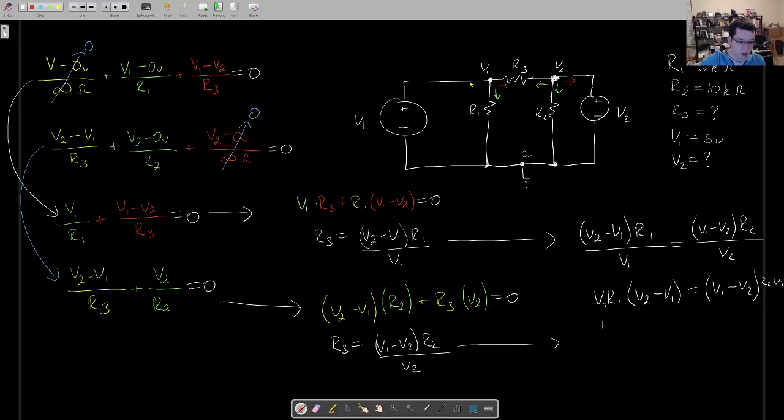So we got V2 squared times R1 minus R1 V2 V1 equals R2 V1 squared minus V2 R2 V1. This is way more work than I was planning on doing for this problem.